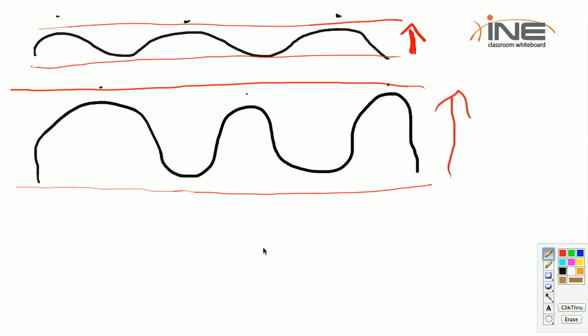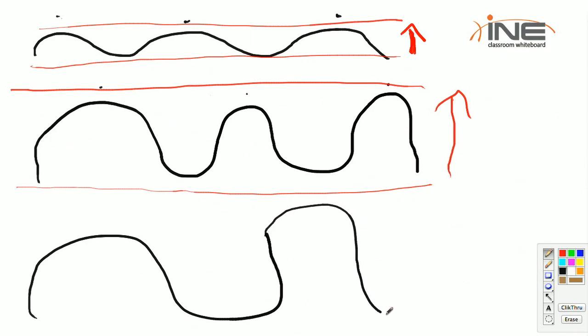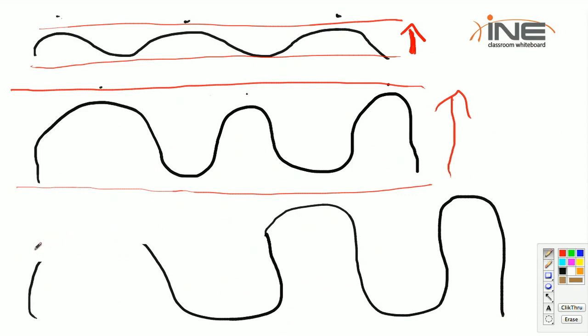this sinusoidal or sine wave. Okay, so let's say I come down here. That was almost the same. Let's make it even a little bigger. I'll go back and make that first wave a little bigger.